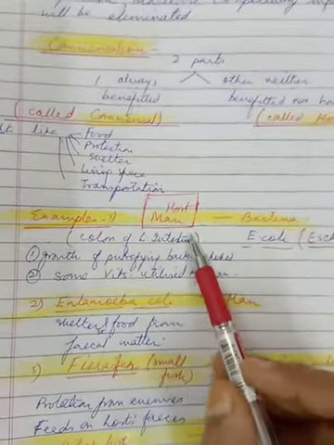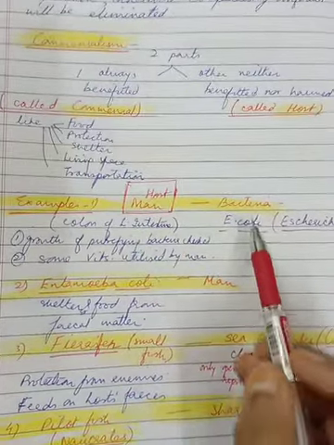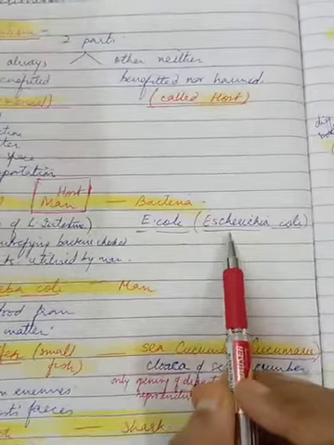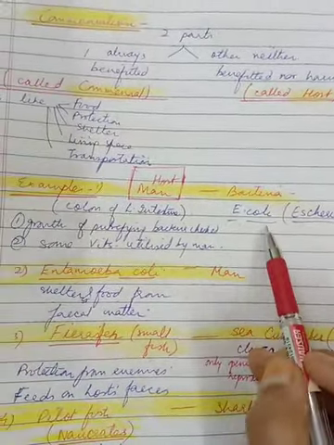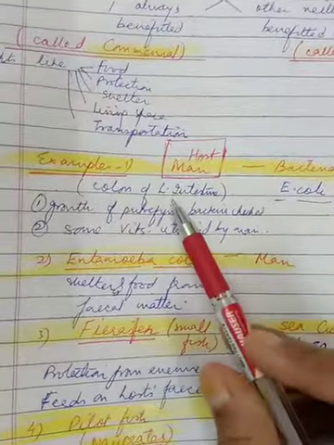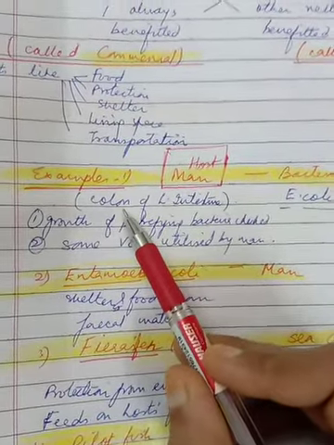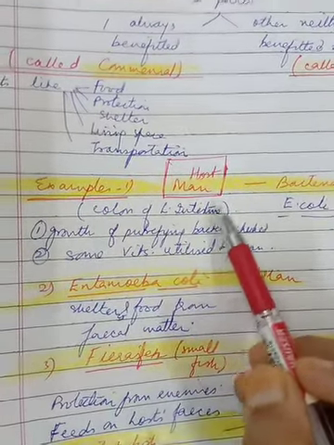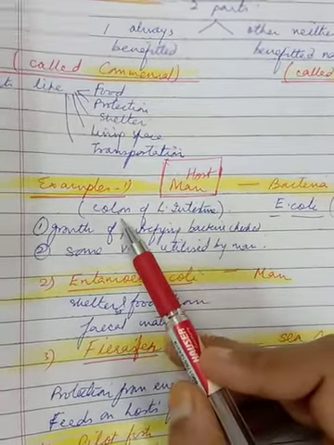A very common relationship we can see is between the host, that is man, and bacteria. We know that the bacterium Escherichia coli, or E. coli, lives inside the large intestine, and which part, children? The colon. So it is cecum, colon, and rectum of the large intestine. We know the three parts, but this bacterium lives in the longest part of the large intestine, called the colon.